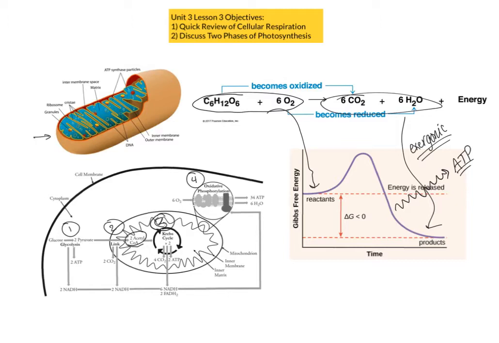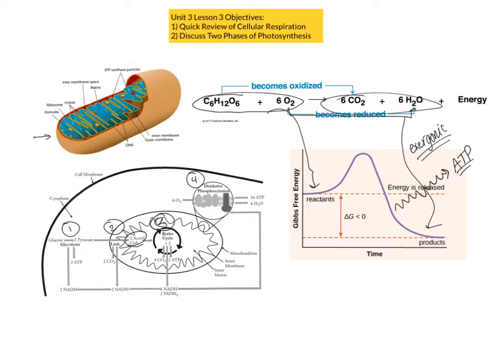Now in your notes, it asks you, does oxygen get oxidized or reduced in cell respiration? So what we're going to see is that oxygen gets reduced throughout cell respiration. In particular, it gets reduced at the end of cell respiration, and we'll loop back to that in the next portion here.